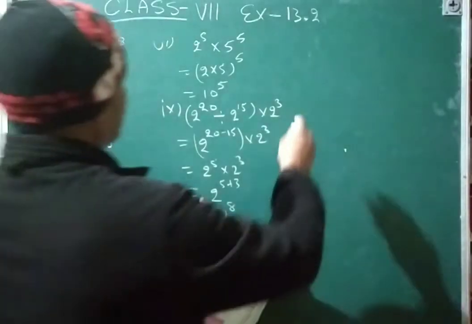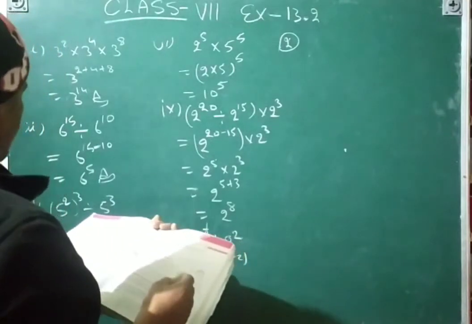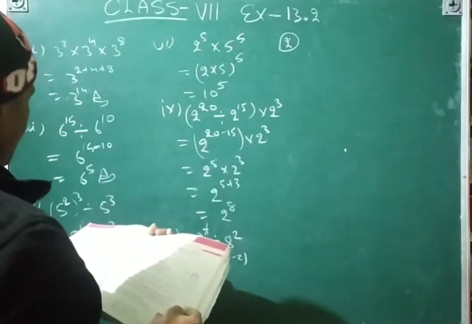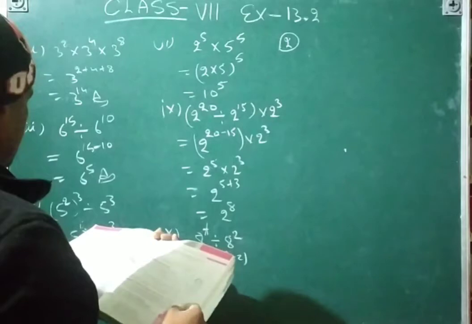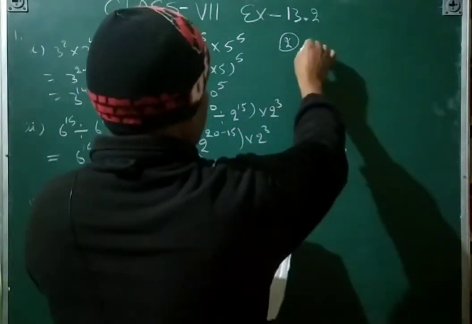Question number 2. Simplify and express each of the following in exponential form. First of all we will simplify, and then we will write in exponential form.